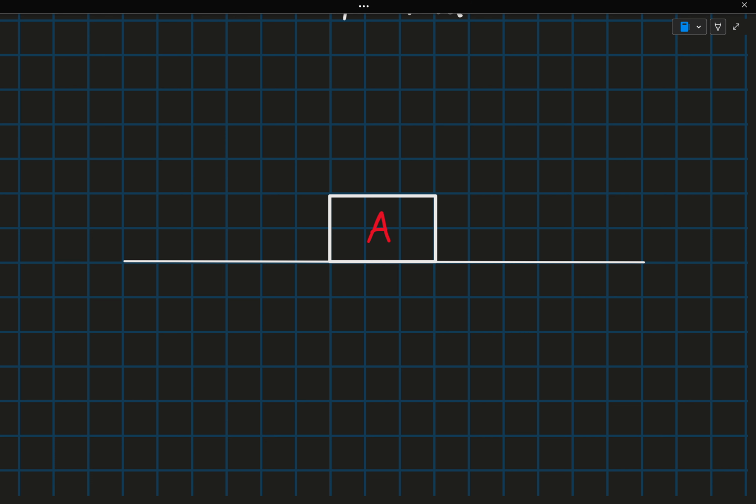Go ahead. So someone says gravity. All right. So we know that we have the general force of gravity acting here.